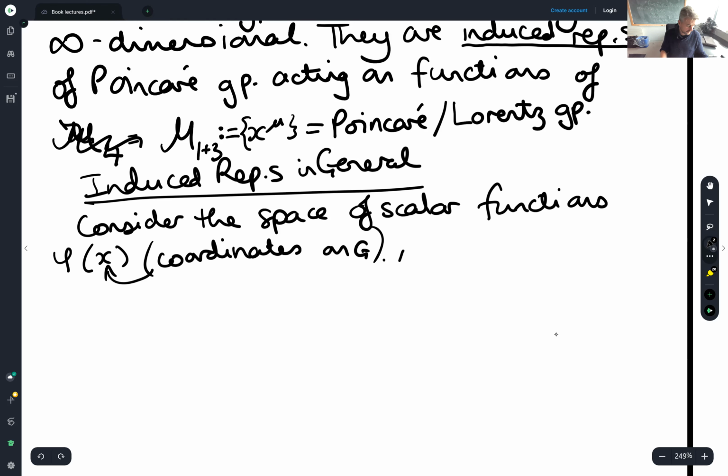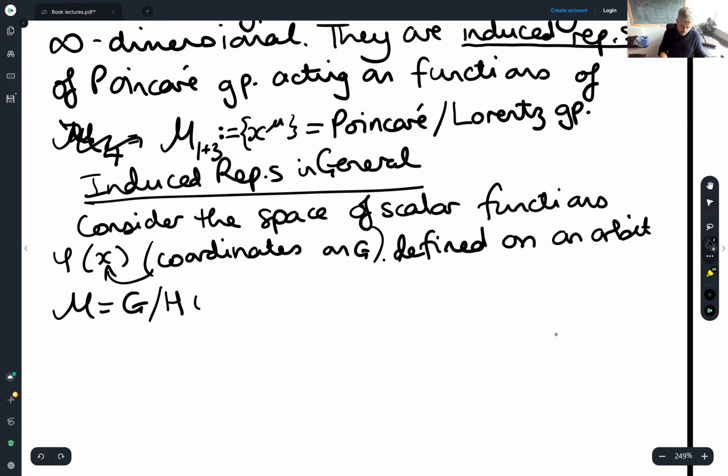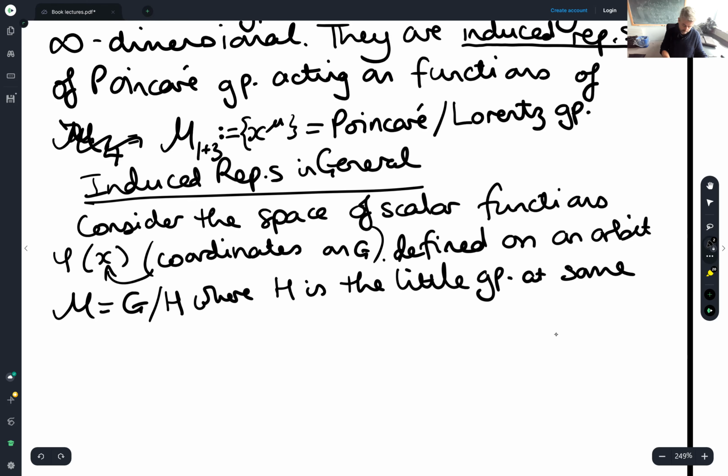These scalar functions are defined on an orbit, and this orbit is going to have a manifold which is G coset with H, where H is the little group at some base point. Let's call the coordinates of that base point collectively X0, and it's in this manifold.